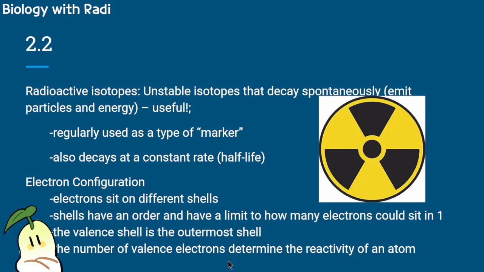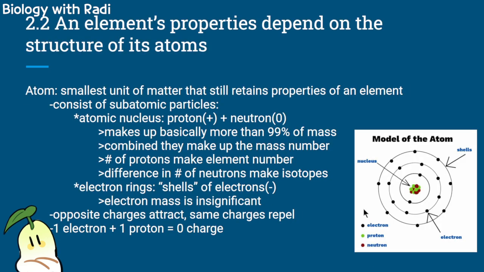The number of valence electrons determines the reactivity of an atom. You can basically think of the reactivity of an atom as reactions with different charges.